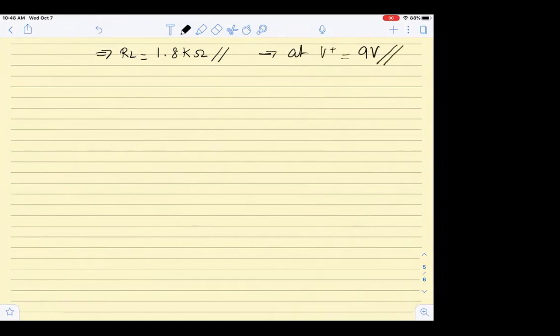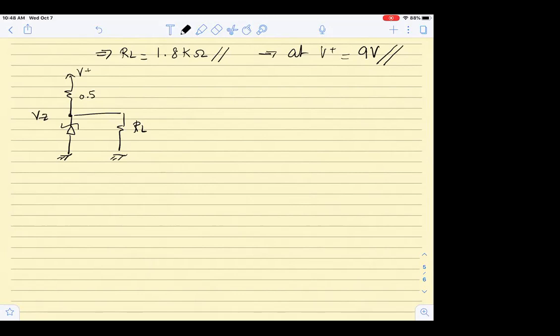Now I will repeat it. Okay? So, great. Now I want to find a general equation, a method where we can find a general solution for RL at a given voltage. Let us draw the circuit again and put the diode here and the R load here. This is V plus, this is 0.5K, and this voltage here is VZ.